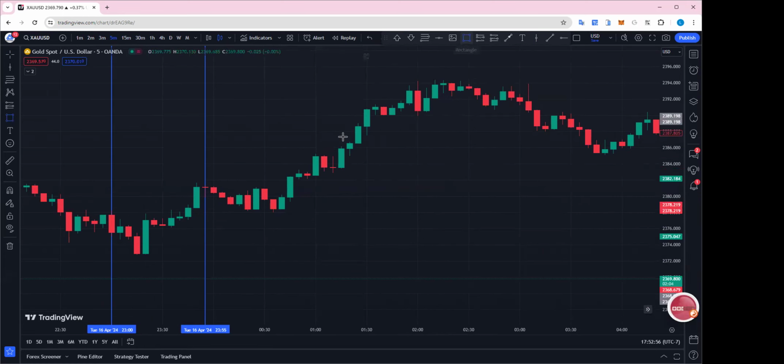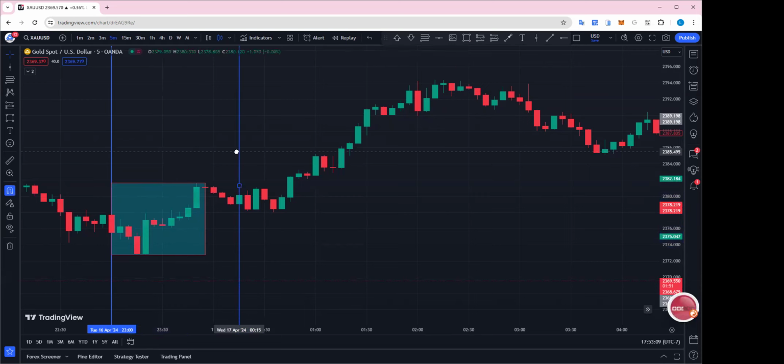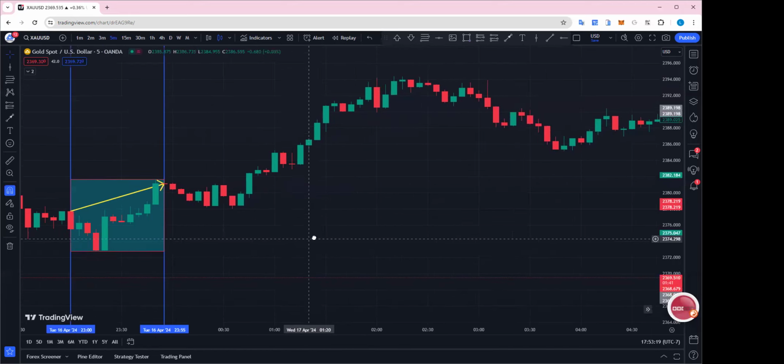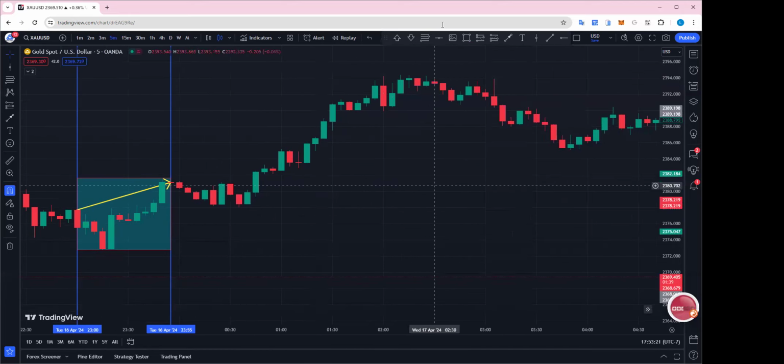Then we mark the area. We find the high and the low. This is the low, and this is the high, I think. Let me see. Yes. And then we mark the trend from here to here. There we go. It means that we're going to buy.